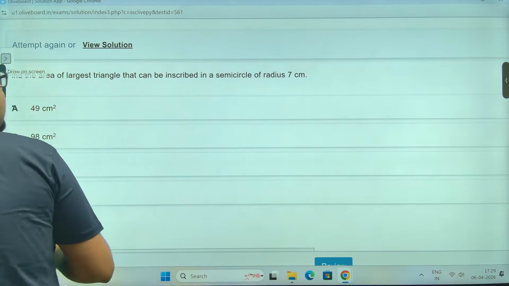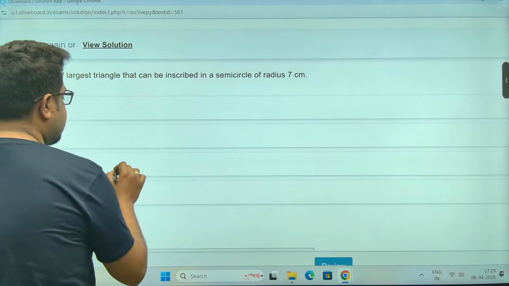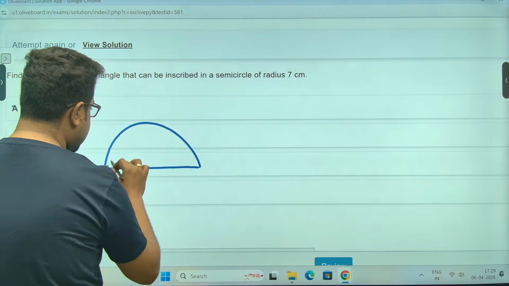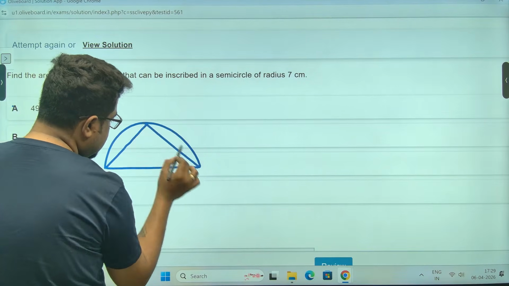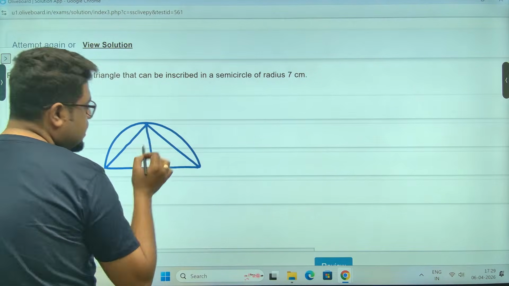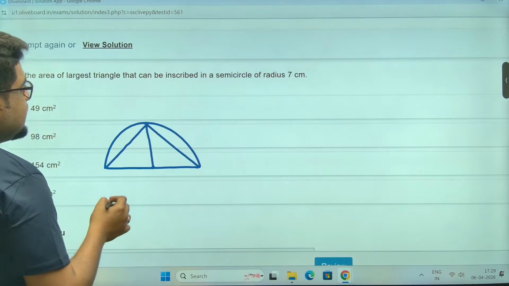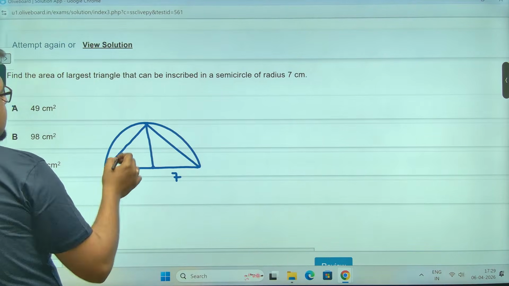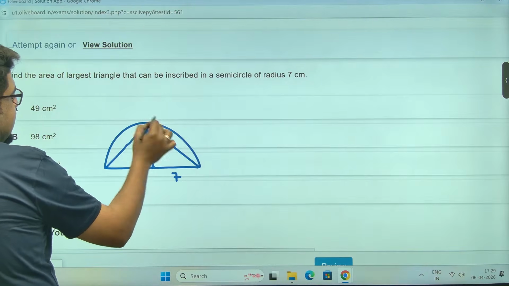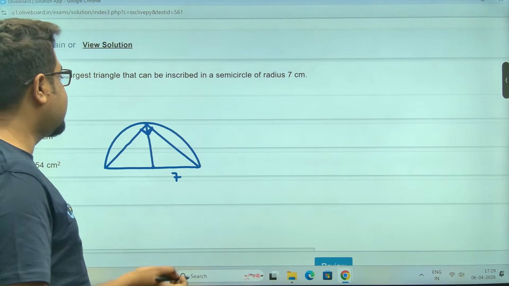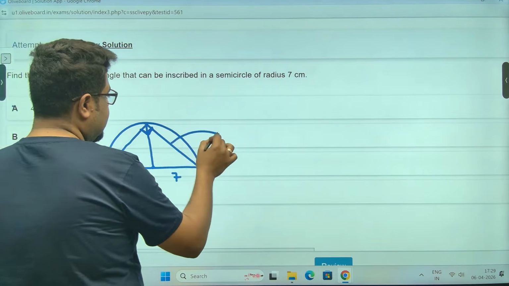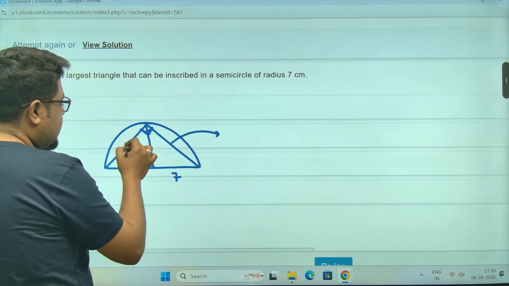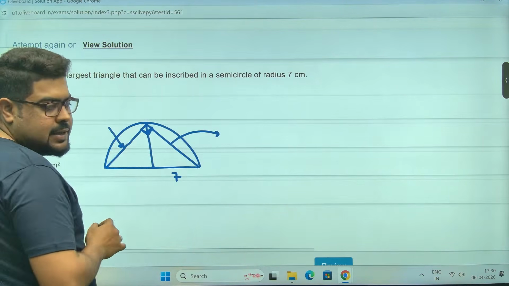So area of the largest triangle inscribed in a semicircle. The radius is 7 centimeters. This must be 90 degrees, sir, because any semicircular angle is 90 degree. You don't need to go and find this length.